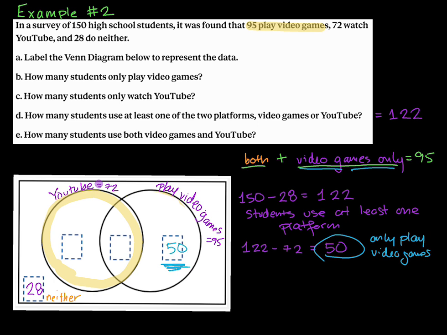But now we can do the same thing, just the opposite way, for the people who only watch YouTube. Going back to here, the students who only play video games is 50. But now I can take the 122 and minus 95, and I get 27.